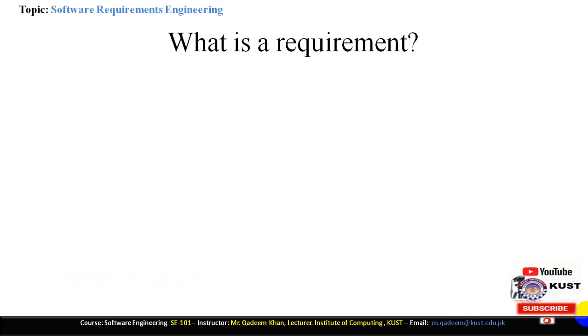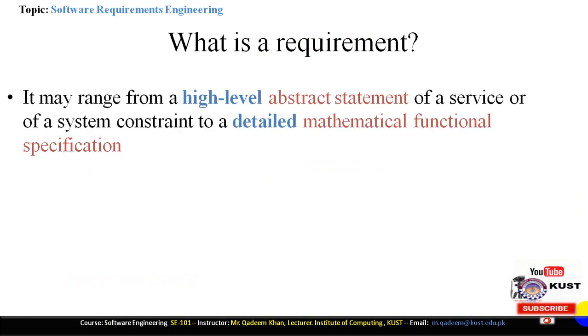Now, what is the requirements? Requirements is in fact a high-level abstract statement or a high-level abstract document which contains the services for which the systems should be developed. So it is the abstract statement of a service or a system constraints. Both are the same.